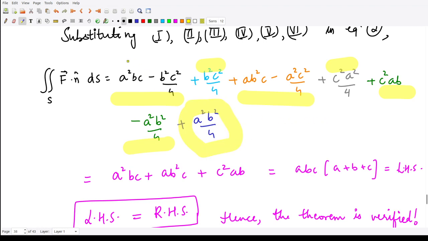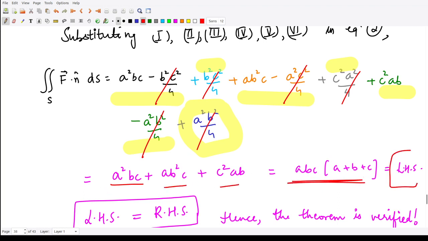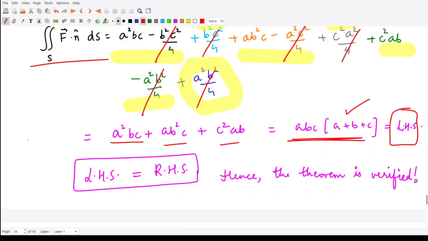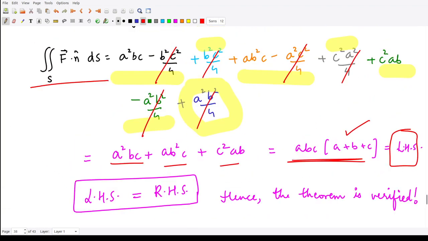So from here you can clearly see that this quantity and this quantity cancel, this and this cancel, and this cancels. So you are left with these 3 quantities, and when you take out the common terms, this becomes your left hand side for equation number 1. That means the surface integral in this case becomes equal to this quantity. This quantity is exactly equal to what you got when you calculated the volume integral.